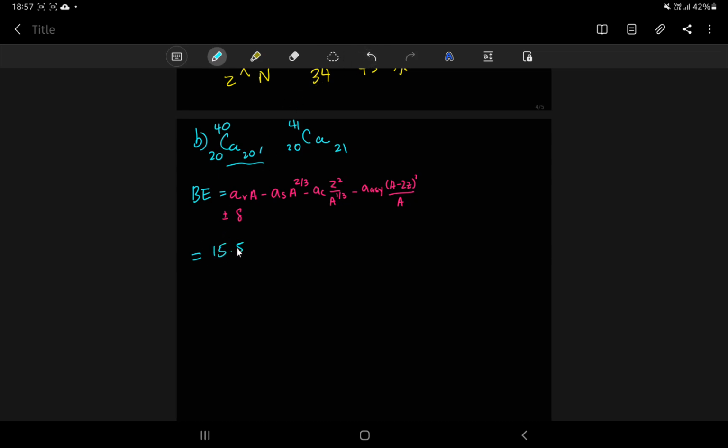So I will substitute the values: 15.5 times A, which is 40, minus the surface term, 16.8 times 40 to the power of 2 over 3, minus the Coulomb term, 0.76 times Z, which is 20, squared, over 40 to the power of 1 over 3, minus the asymmetric term, 23 times (A minus 2Z) squared over A. A minus 2Z is basically N minus Z, so it is 0 squared.